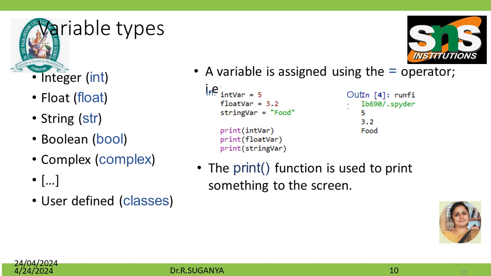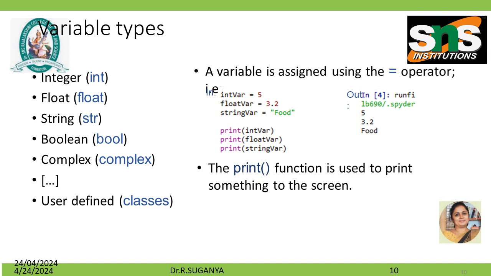So the output is the output of the particular program. In means the particular input that we are giving, and Out is the output that we are receiving for particular variable names.